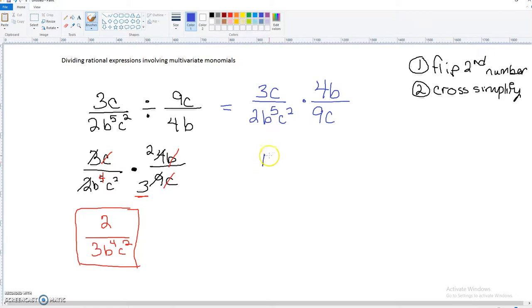So we've got 3 times 4 is 12, c b. And then 2 times 9 is 18, b to the 5th, c. Okay, so of course the c's cancel, and this reduces this down to 4, so that part still hasn't changed.